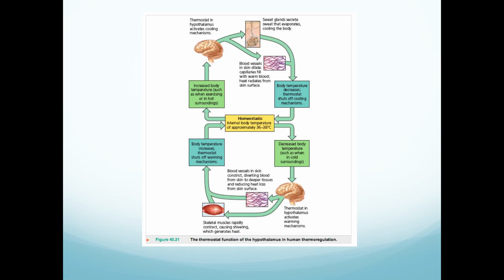So blood vessels constrict, called vasoconstriction, and that's going to keep your body temperature inside your body. And then you have muscular contractions, which cause shivering, which generates metabolic heat. Hopefully that heats up your body and you go back to your homeostasis in the middle.